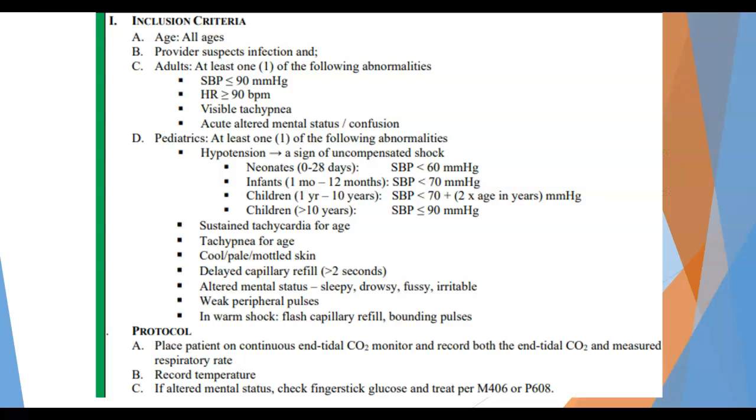So as we jump into our protocol, what we're looking at here is the top part of every protocol has an inclusion criteria. And the inclusion criteria basically is, does this patient fit the differential diagnosis for us to treat them under this protocol, right?